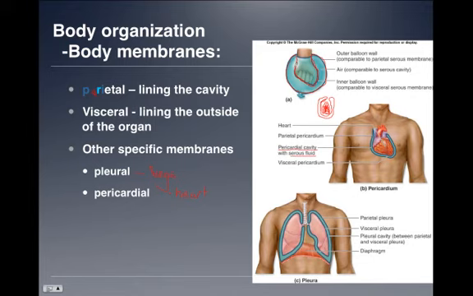I was working with some students in the lab, and they were asking me if I like to eat snails, escargot, and because I teach marine biology, I said no, I don't particularly like escargot, because inside the snail they still have all of the organs, and I don't like to eat visceral mass, so I am not a connoisseur of visceral mass. So anyway, hopefully that little story will help you remember that visceral means organs.